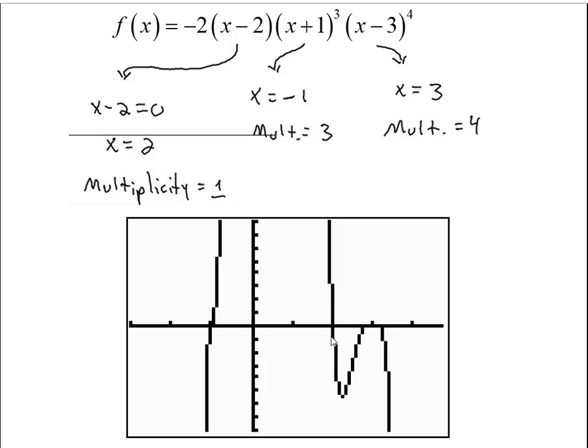So out here at x equals 2, the graph is crossing through, as it should with odd multiplicity. X equals negative 1 has a multiplicity of 3. That's an odd number. So over here at x equals negative 1, the odd multiplicity crosses through, as it should. At x equals 3, the multiplicity is an even value. So we can see out here at x equals 3, the graph is bouncing, right?